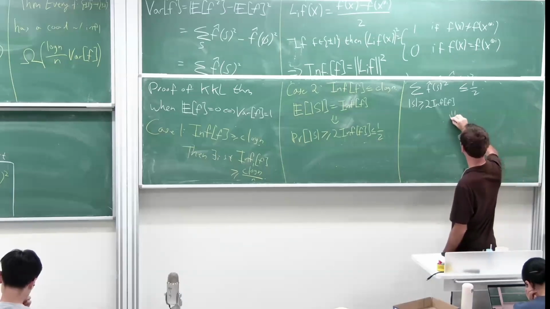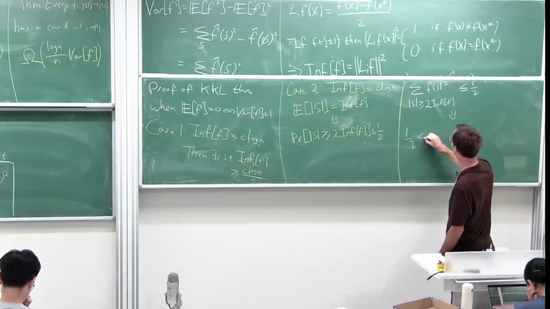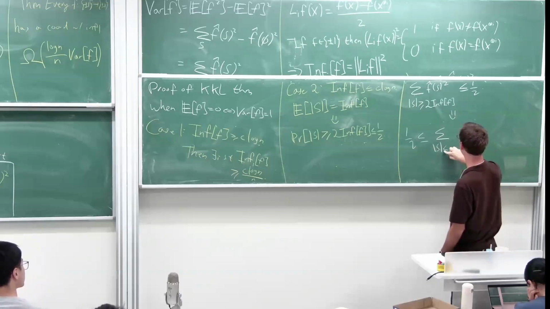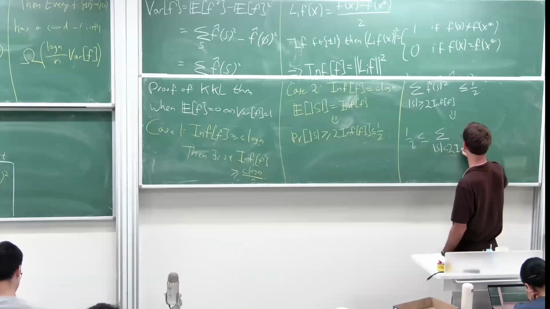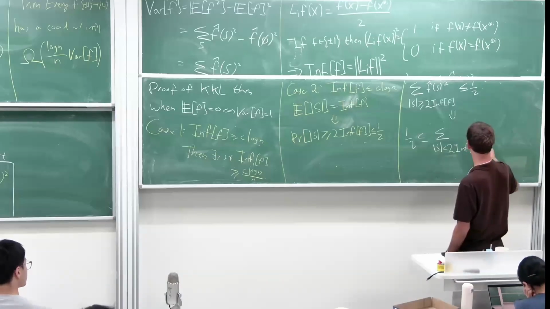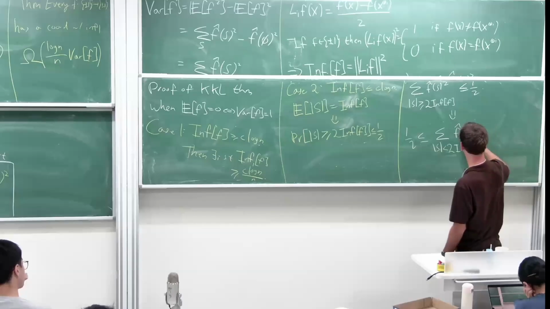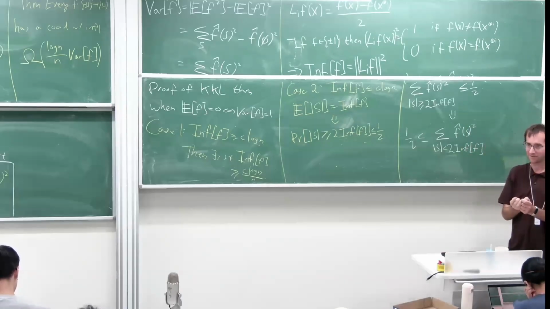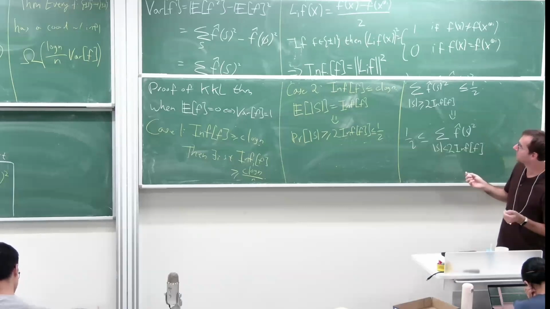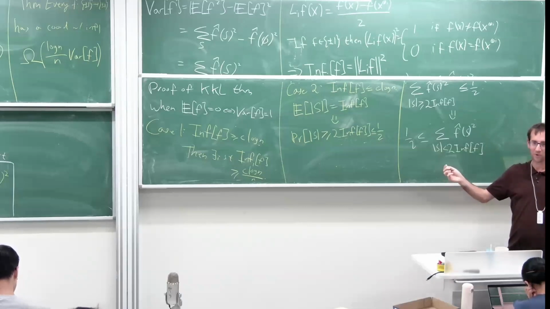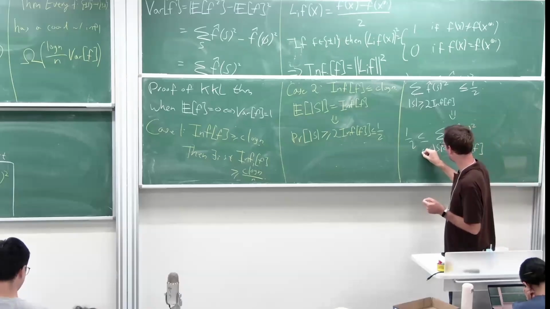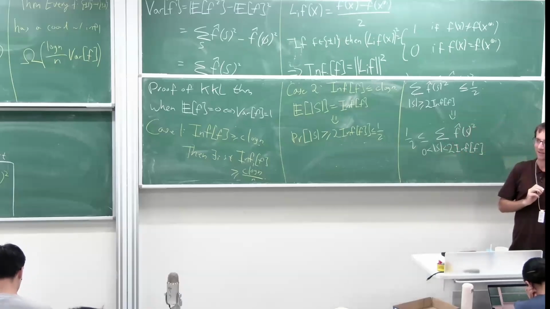Okay, and this implies that if you sum over all small S, of size at most twice the influence of f, then this is at least a half. Because if you sum all of the Fourier coefficients, you get one. And because we assume that the function is balanced, we can write it like this.